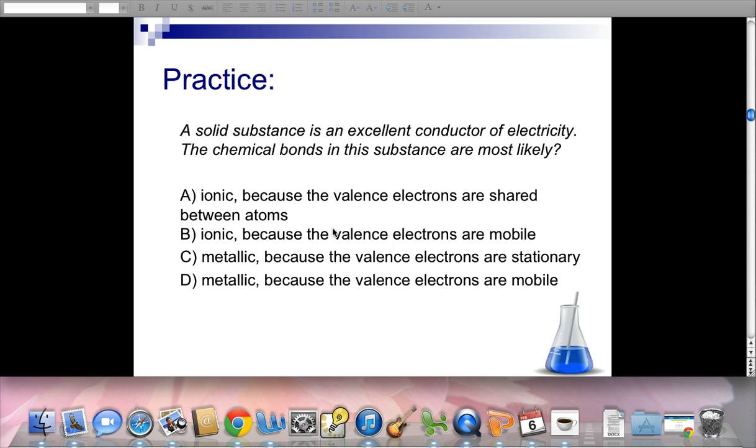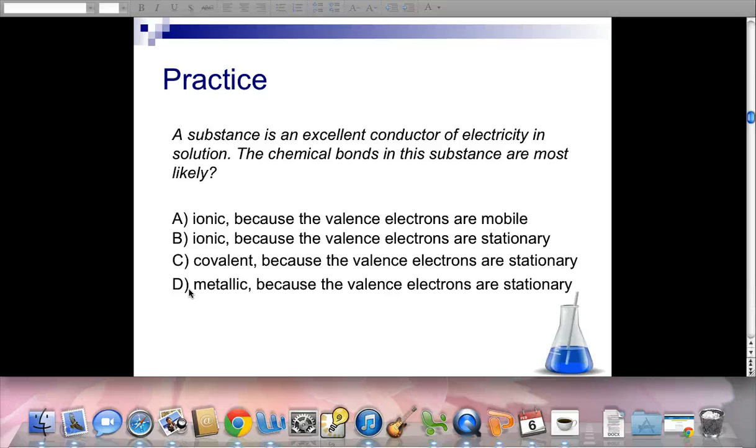So technically, if we're looking at chemical bonds, the most correct answer would be D. However, ionic can have mobile electrons, but remember, only if they are dissolved in some sort of liquid. So they would actually have to be dissolved for B to be true. So here the answer would be D.